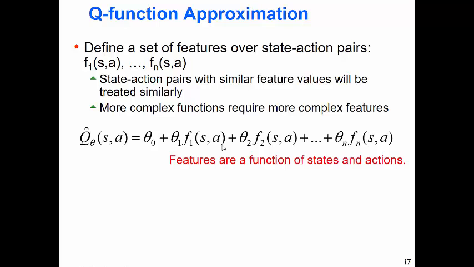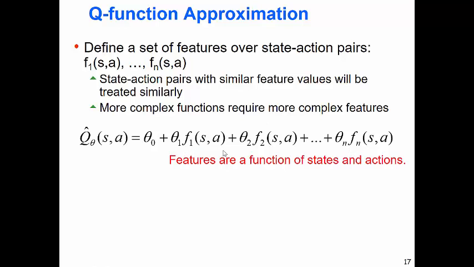Not a trick question. Q values are different for different actions. Yeah. So if the feature is only dependent on the state, this is going to be a constant for every action. Right? So it's an obvious thing, but you just need to remember that because this can complicate defining the features.